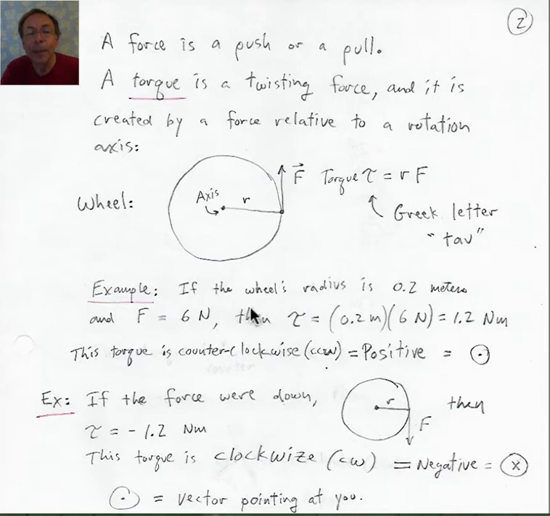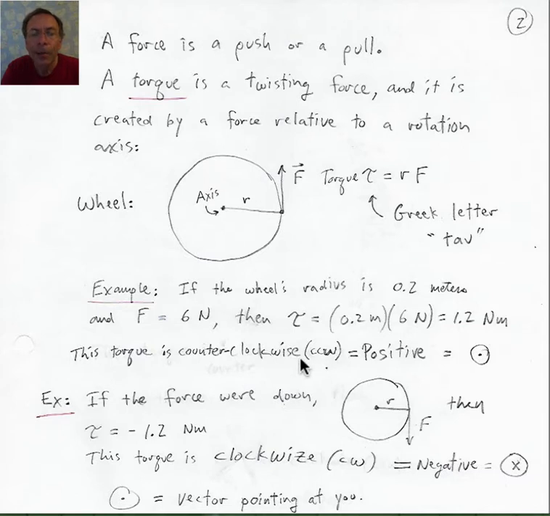All right. Quick example. If the wheel's radius was 0.2 meters and the force that we put there was 6 newtons, then the torque would be 0.2 meters times 6 newtons, which would give us 1.2 Newton meters.